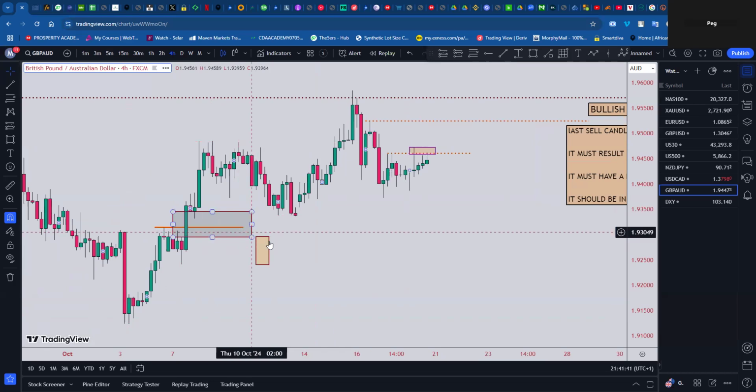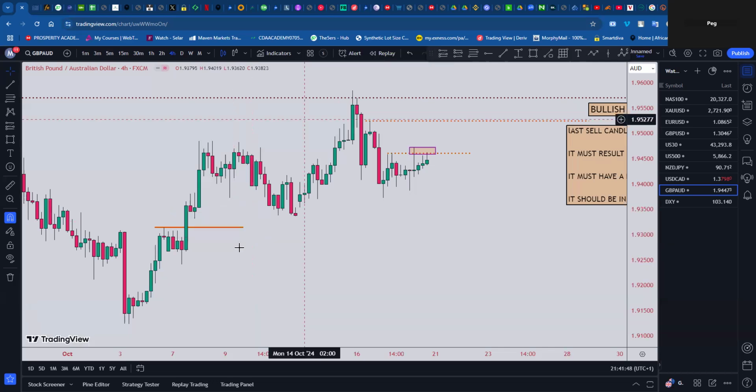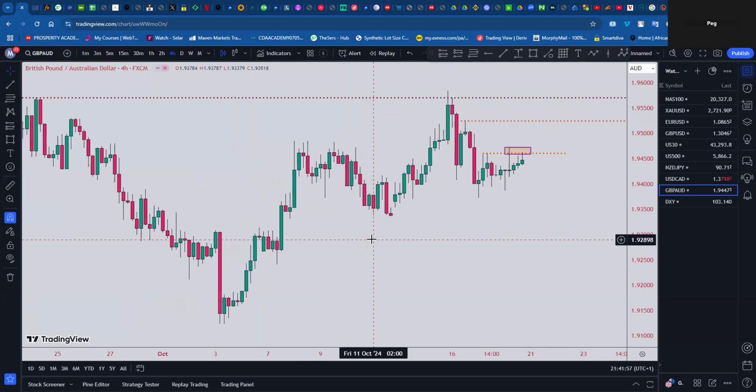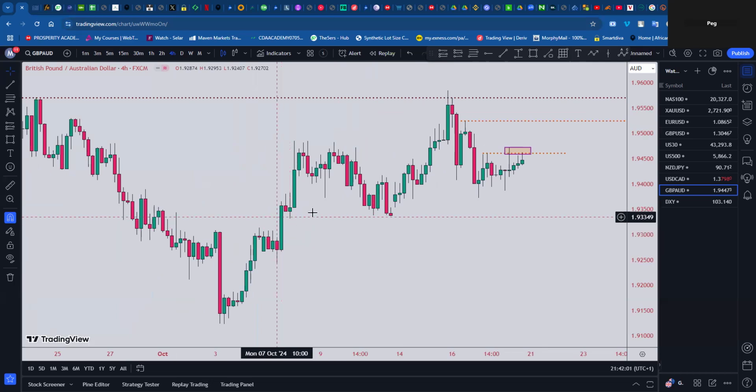Let me take all this away. If I'm going to buy here, where am I going to buy it? What's the first thing I will do? The first thing I will do, I'll mark out my inducements.